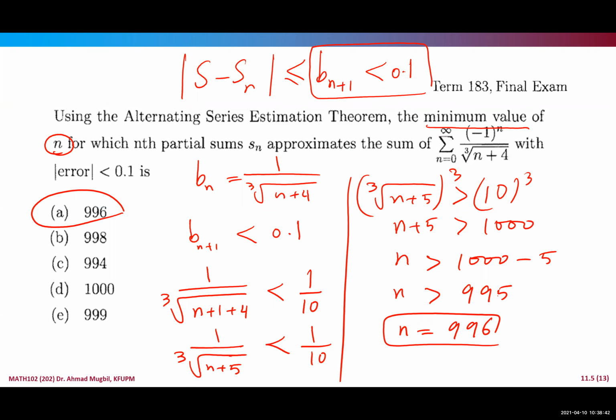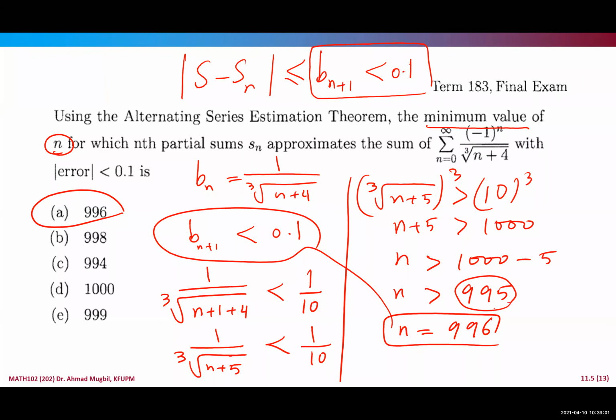Of course, ya shabab, you can check. By the way, I forgot to mention this. Always you can check. How to check, ya shabab? Go back and put n here. Go and see if it satisfies this or not. It satisfies for sure. If you take a number that is smaller than this one, it will not satisfy.